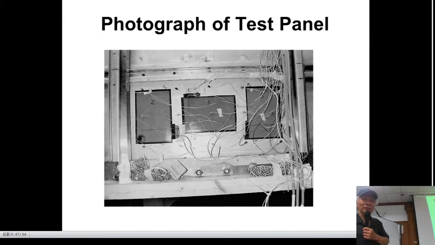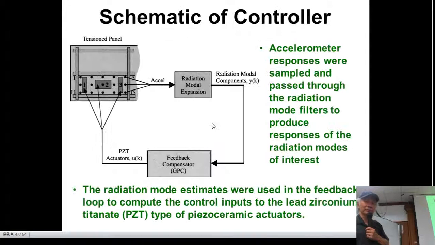Okay, and this is the controller at the wind tunnel wall, and we have the piezo ceramic to be used as the actuator. If you give the piezo electricity, then it will constrict or expand, and that's the way we control the wall. We also put accelerometers around the wall, and that's the sketch here.